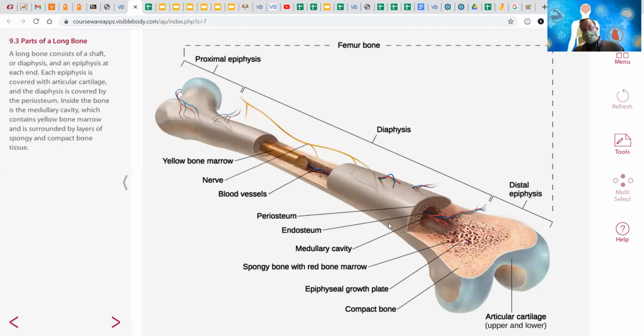All cervical vertebrae have these extra holes. So if you were given one vertebra and asked to identify whether it is cervical, thoracic, or lumbar, cervical are the only vertebrae that have 3 holes. The thoracic and lumbar are just going to have one vertebral foramen, one big one here.